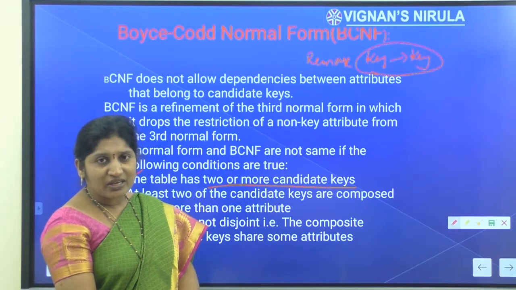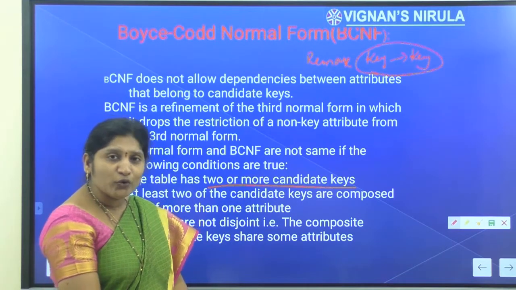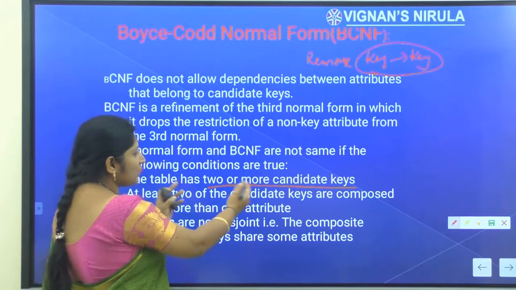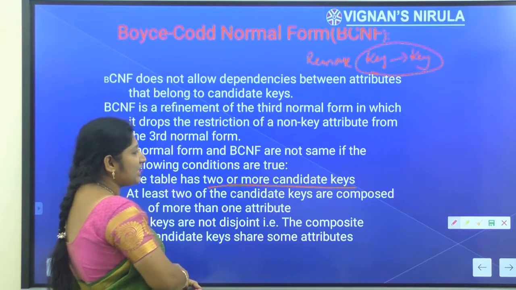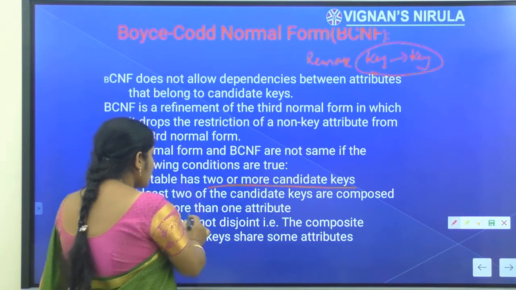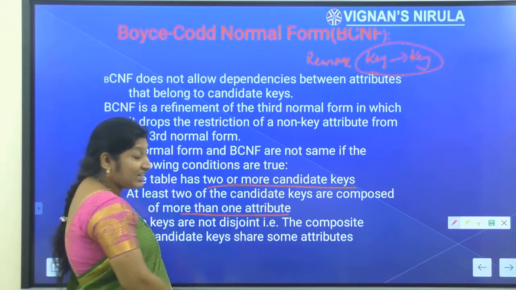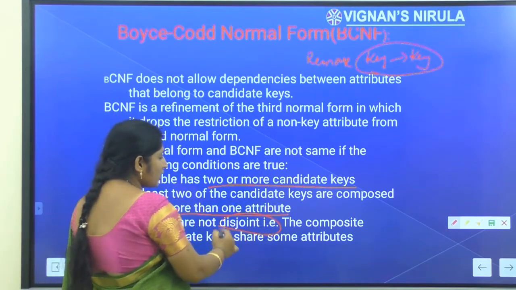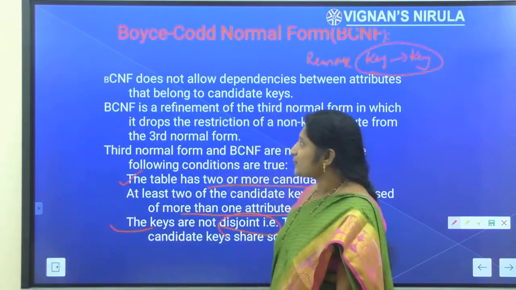So BCNF aims to remove the dependencies from one candidate key to another candidate key, if in your table more than one candidate key is there, each candidate key consists of more than one attribute, and the candidate key sets are disjoint. There are no common attributes between the candidate keys.